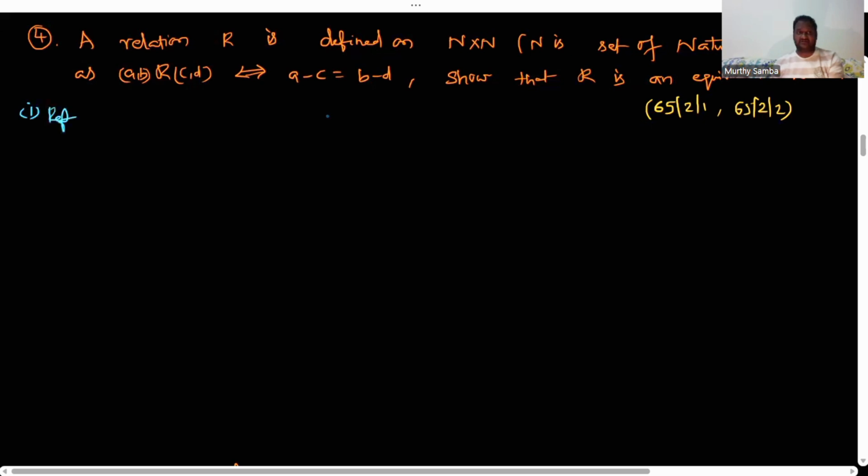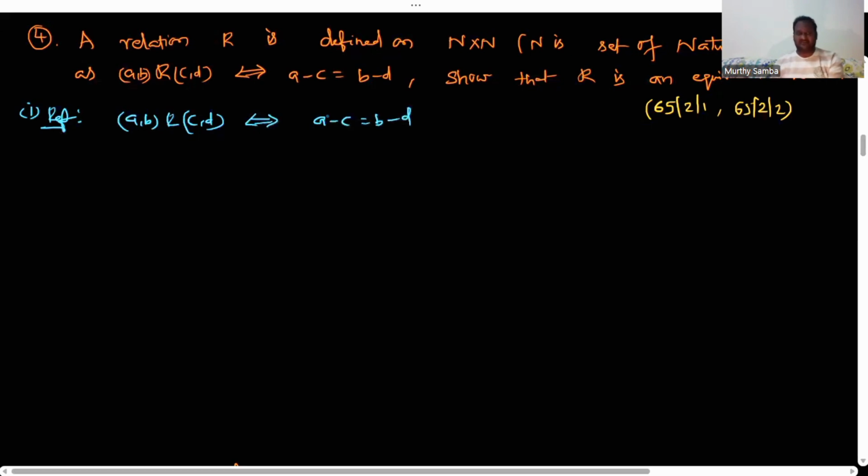First of all, reflexive relation. (A, B) is related to (C, D). This is defined as A - C = B - D.